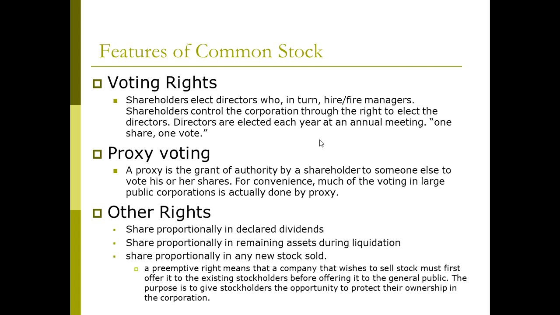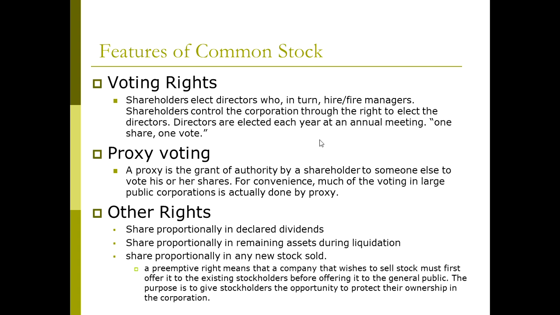Also, you can proportionally purchase the new stocks, which is called preemptive rights. That means if the company wants to sell new shares, they will ask you first whether you want to purchase the new shares or not. If you say yes, they will sell the shares to you. If you say no, then they will sell the shares to someone else.